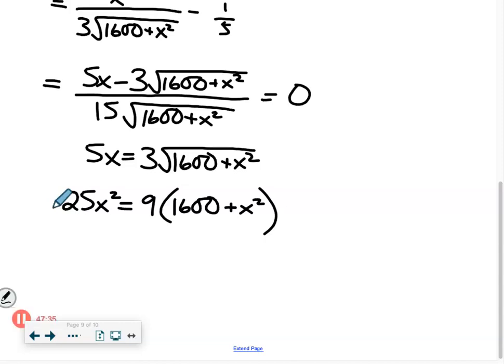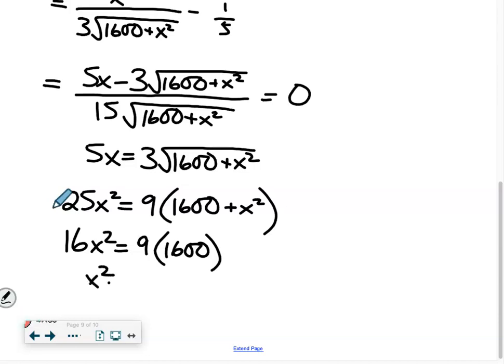So a little bit of algebra. I'm going to subtract the 9x squared right away. So you get 16x squared equals 9 times 1600. Now if I kill off a 16, I get x squared equals 900, and x equals 30.